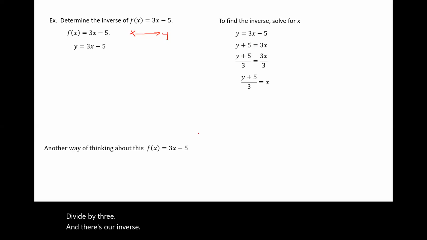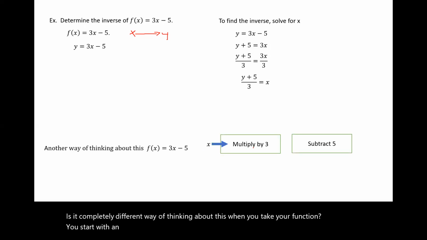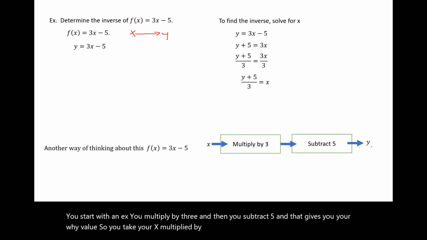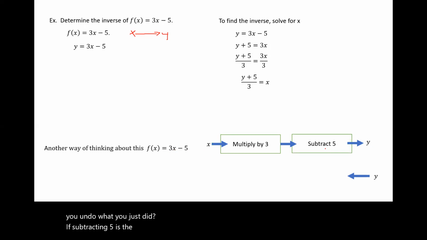There's a completely different way of thinking about this. When you take your function, you start with an x, you multiply by 3, and then you subtract 5, and that gives you your y value. How would you undo what you just did? If subtracting 5 is the last thing you did, the opposite would be adding 5.